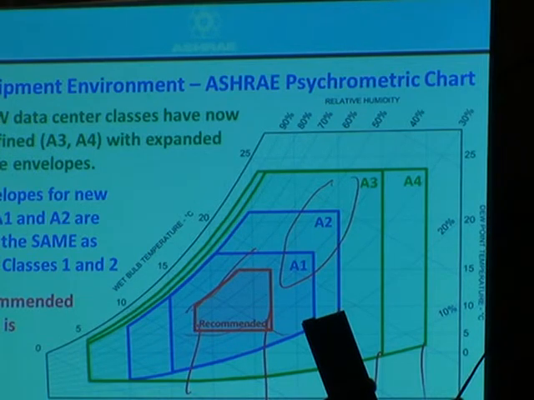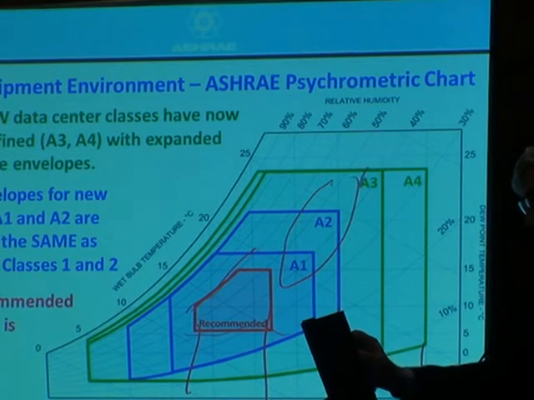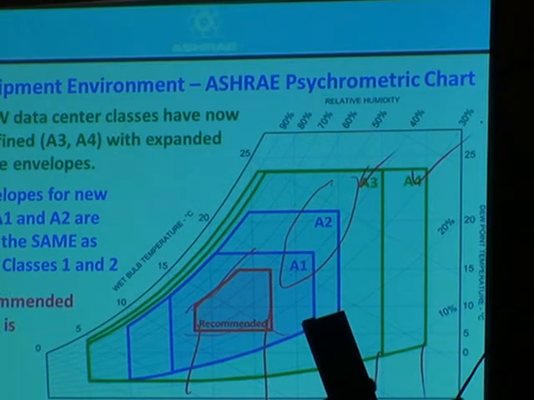However, we do not make equipment there today. None of us do. So you can't buy equipment in either one of these anywhere now. So we have a mismatch between what ASHRAE published as new guidelines, A3 and A4, and what the IT manufacturers have in their portfolio of products.